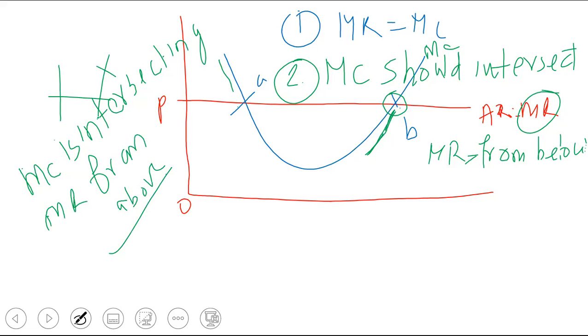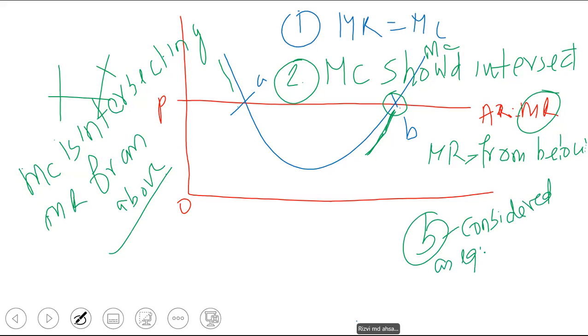MC should intersect MR from below. So point B is considered as equilibrium, because both conditions are satisfied there. Both the conditions are met.